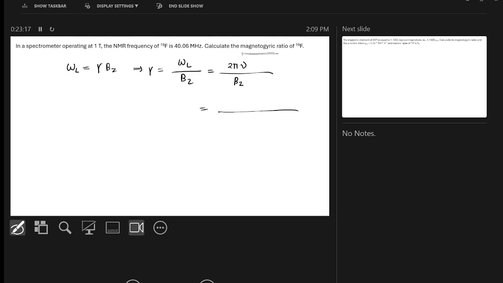So it will be 2 times 3.14, and this is given 40.06 times 10 to the power 6 per second. Your Bz is 1 Tesla. So when you solve this, you will get something like 2.517 times 10 to the power 8 per Tesla per second.